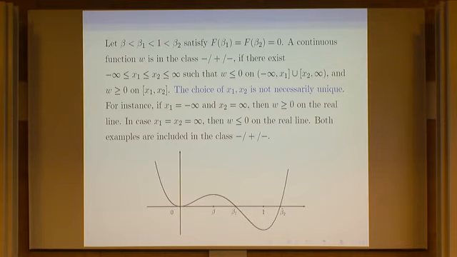Basically we can pick 2 points, x1 and x2, but the choice of such 2 points is not necessarily unique. For instance, you can pick this case, then the function is non-negative. And if you pick this case, then it's non-positive on the real line. So both of them are allowed in this class.